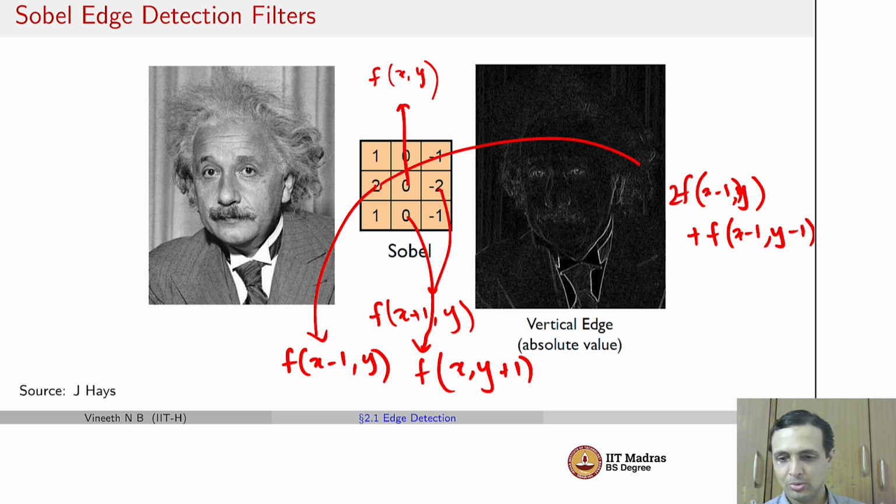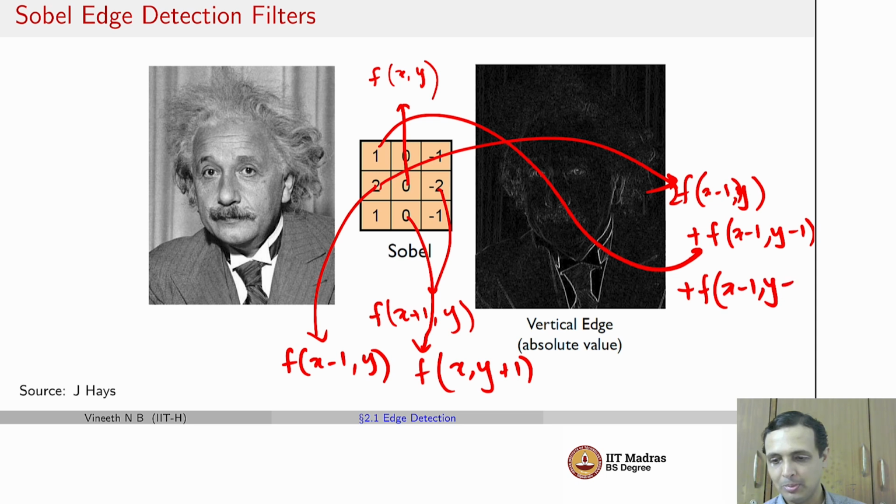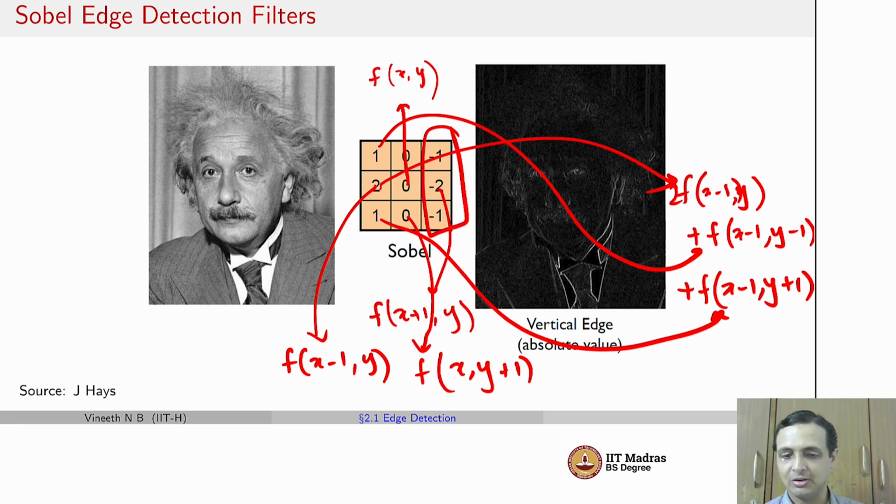So this value comes here, this value comes here, plus f(x-1,y+1), which corresponds to this one. Then you'll have a minus for all of these locations here, and you finally divide by the overall number of locations, which in this case would be 9, to get your final gradient.